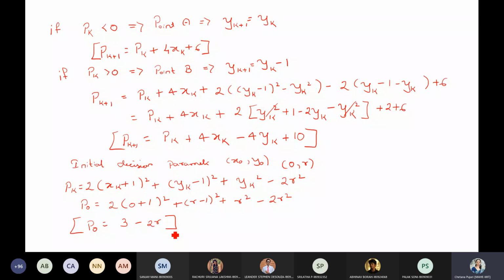You can see here we don't have any fraction over here, so you'll always end up with an integer value, right? So we have calculated the decision parameter for two conditions, that is less than and greater than 0. Then we calculated the initial decision parameter for the first octant, which starts at 0, r. You can just take down this, and if you have any doubt, you can ask.